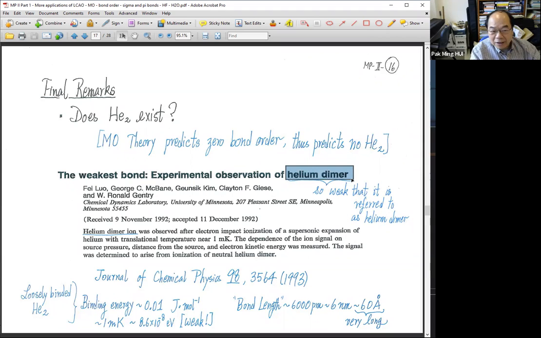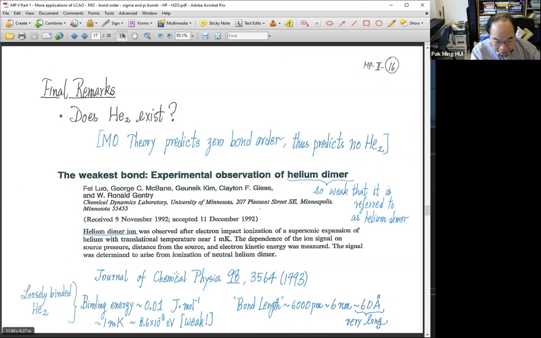That is to say, two helium atoms may be attracting each other. So here are two experimental works. These experimentalists are observing some helium-2 formation, but it's very weak.